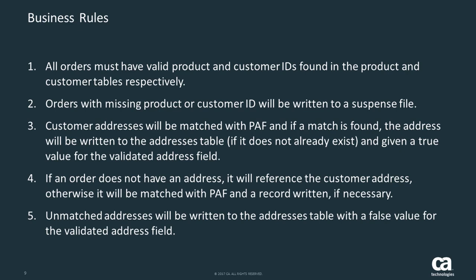Now if an order doesn't have an address, it'll use the customer address if one exists. Otherwise it'll be matched with the PAF and a record written if necessary. Overall, unmatched addresses will be written to the addresses table with a false value for the validated address field. The validated address field will be true for valid addresses, if you like.